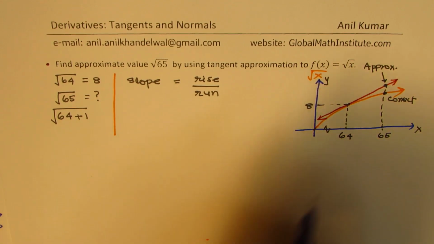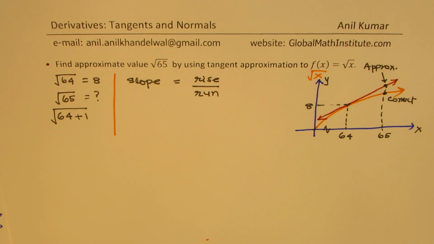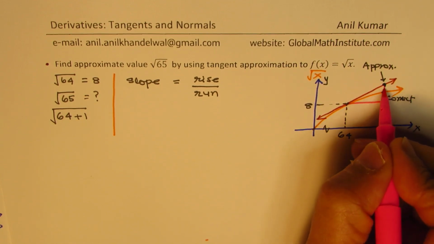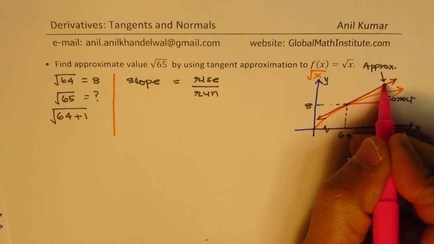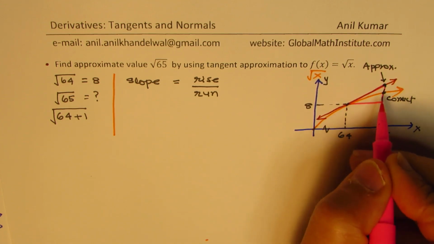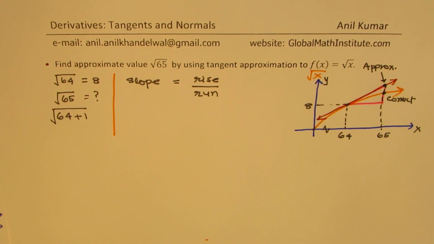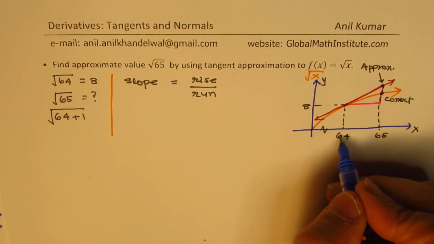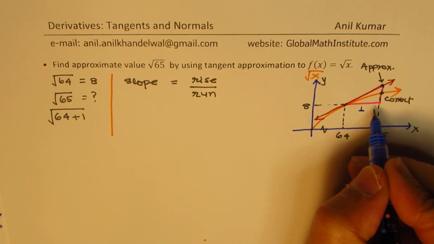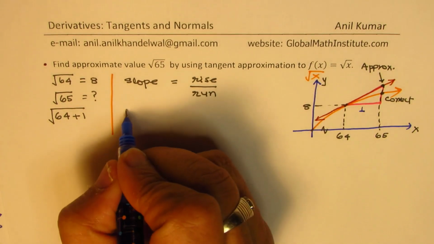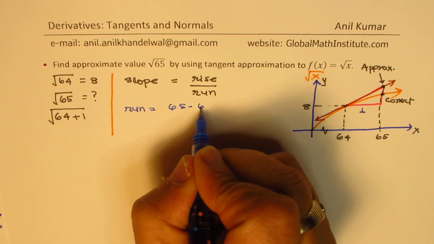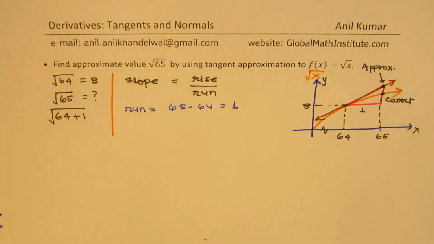So at this stage, if I construct a triangle, let us say like this, right? So this becomes a triangle for me, correct? Now in this particular triangle, we know that the run from 64 to 65 is 1 unit, right? So in this case, the run is 65 minus 64, which is 1 unit. Is that clear to you?